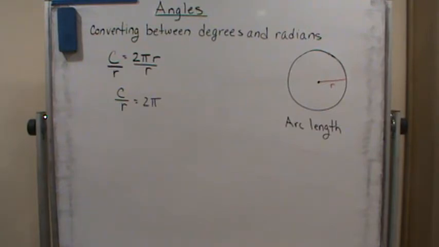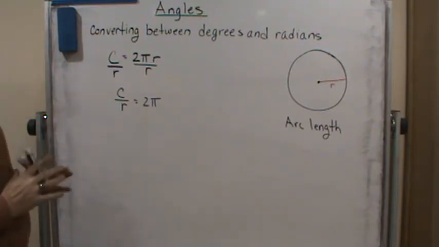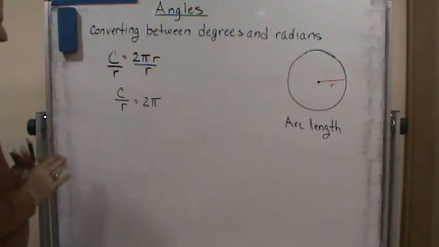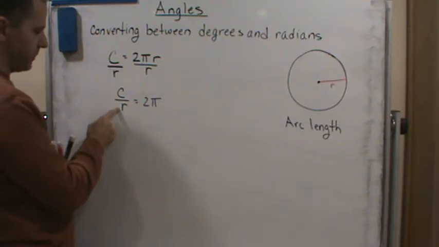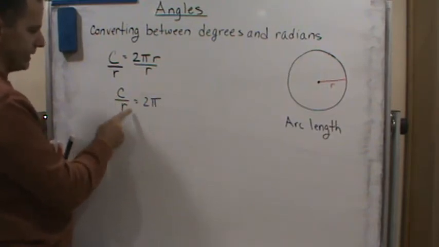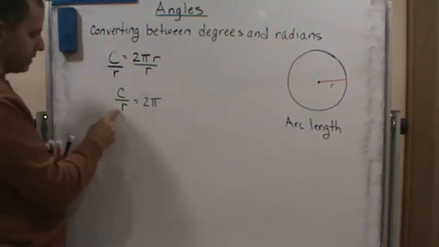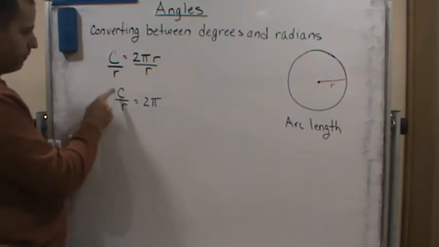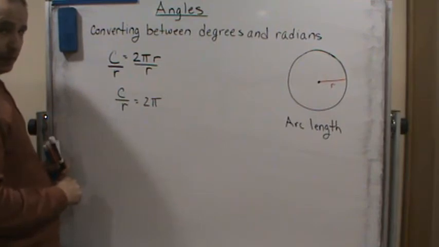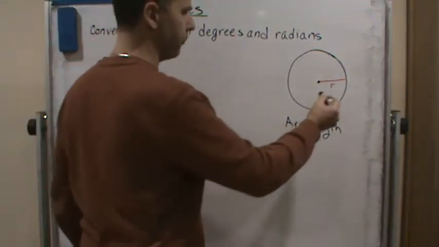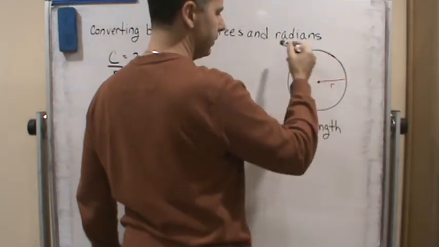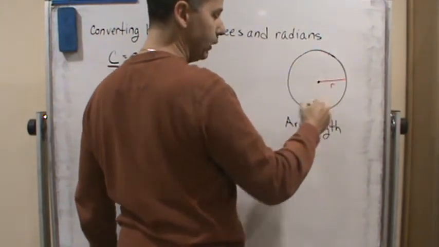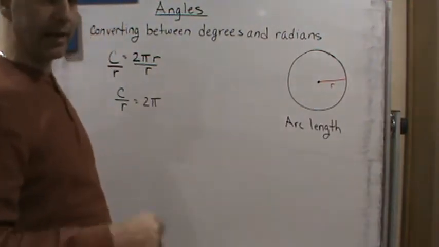So now, what is this saying? Very simply, if I take the circumference and divide by r, I'm saying how many radiuses, how many lengths of the radius do I get out of the circumference? In other words, I'm taking the circumference of the circle, which is the distance around, and dividing it into equal lengths of size r.